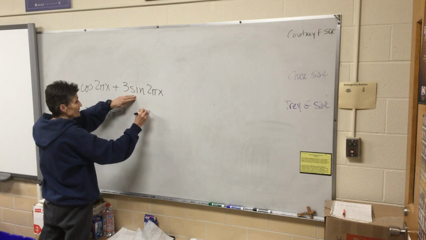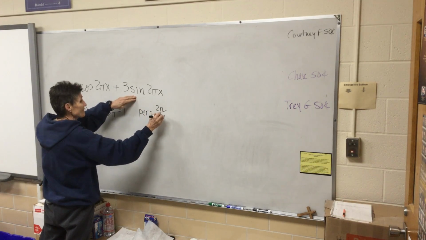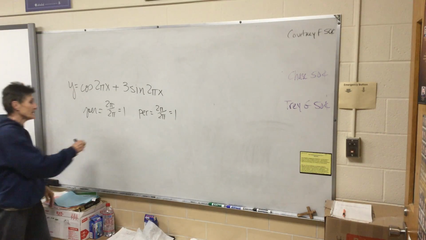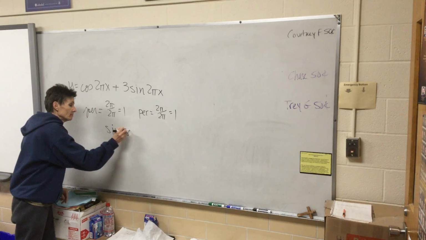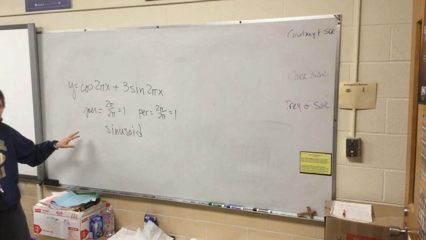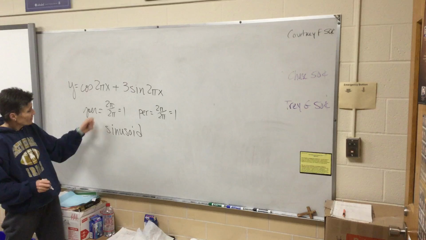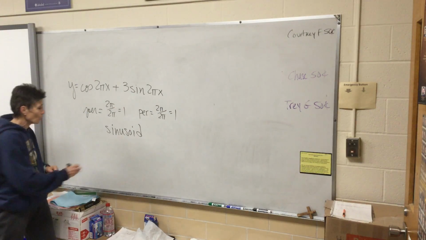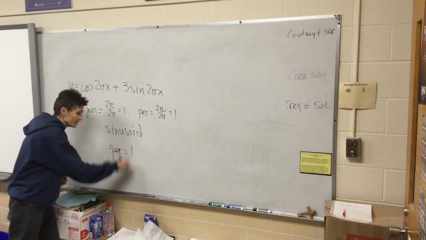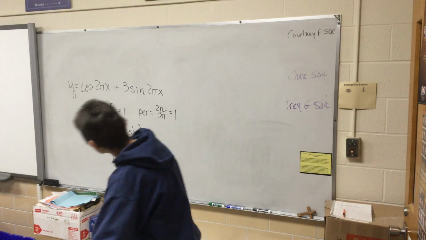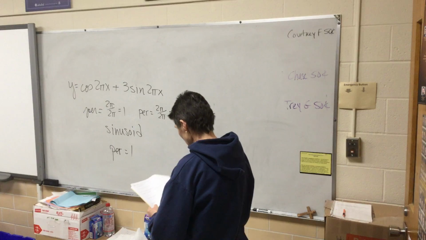The normal period is 2 pi, but you're dividing it by exactly the same thing, so they both are going to have the same period, so that is sinusoidal. It is a sinusoid. Now, if the period of this one's 1 and the period of that one's 1, then the period of the whole shebang is 1. They both repeat every 1 unit.